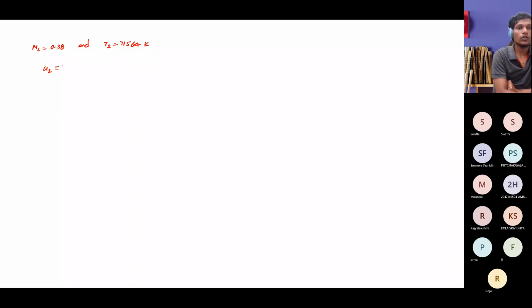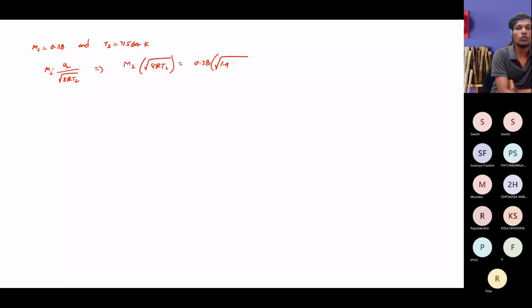Let's write the Mach number relation: M2 equals U2 over square root of gamma R T2. This is the relation of our Mach number. From this we can solve for U2, that is M2 times square root of gamma R T2. Let's substitute the values we have.